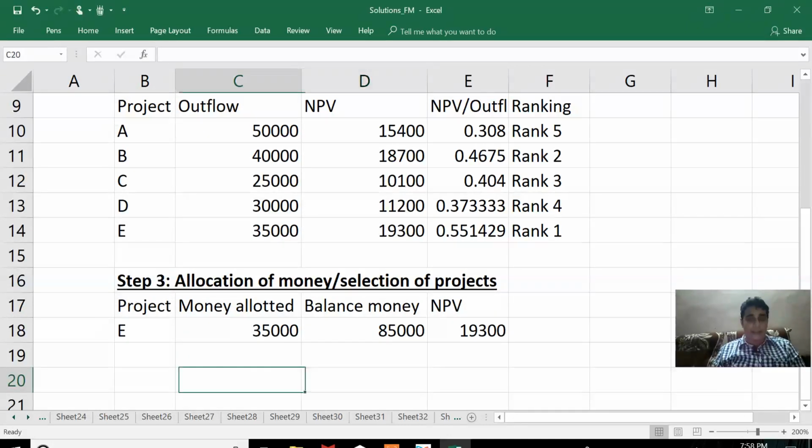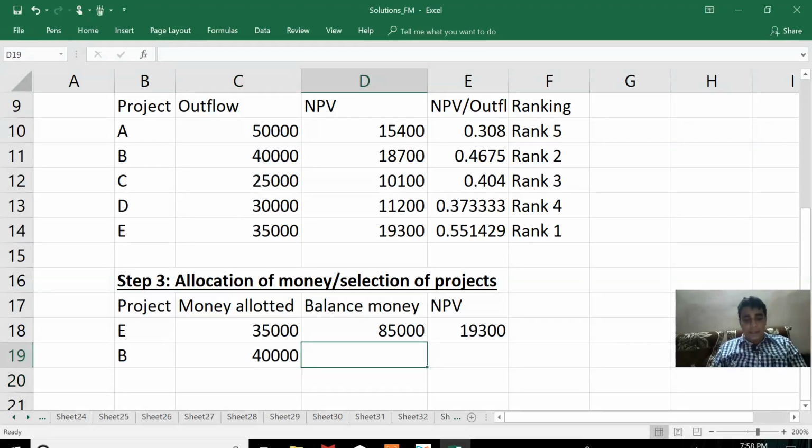Then I go to the rank 2 project, which is project B. In project B, I spent 40,000, left with the money of 45,000. In this project I earn 18,700 of NPV.